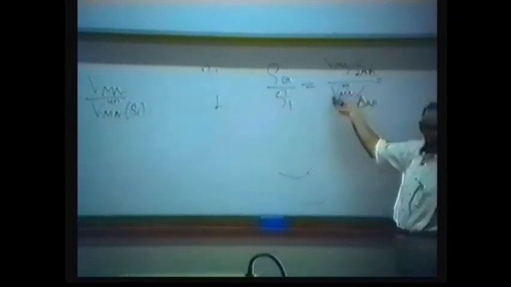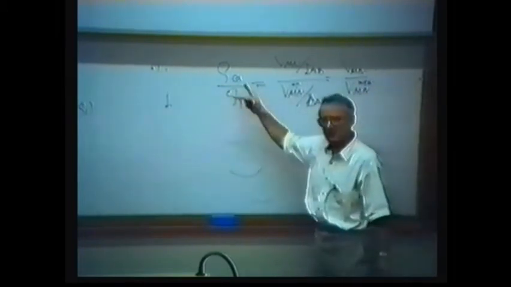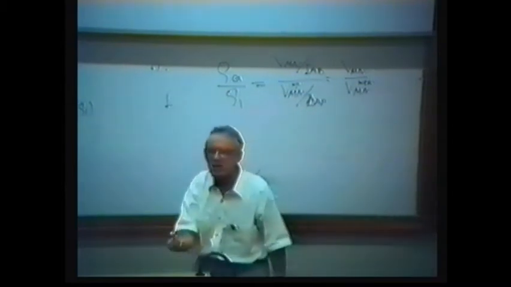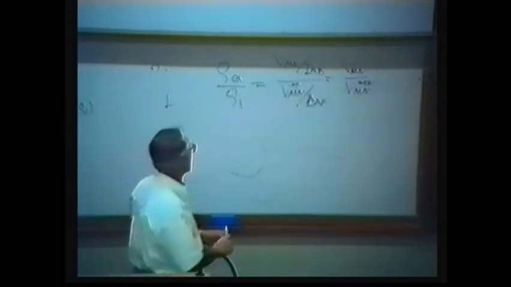Since normalization means the current is the same, we simply say Vmn divided by Vmn measured. So apparent resistivity normalized by the resistivity of the first layer is a measure of how the model differs from a uniform half space. Clear?